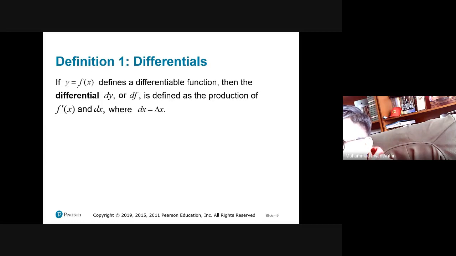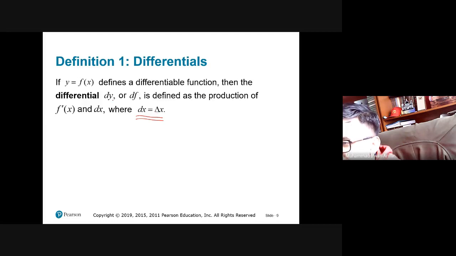If we have a function which is differentiable, then the differential dy, or df, is defined as the product of f prime of x and dx, where dx equals delta x. Now, dx would be exactly the same as delta x, the change in x.